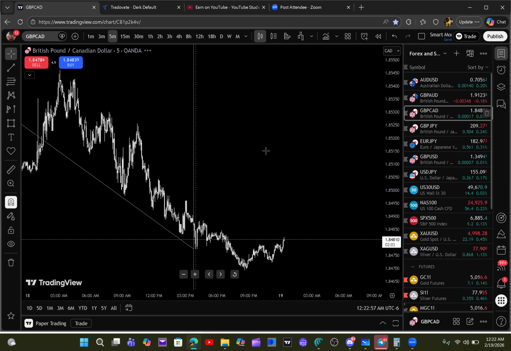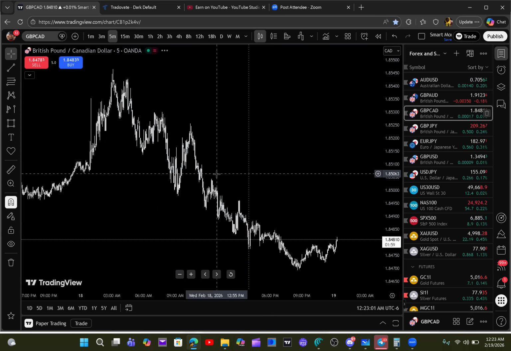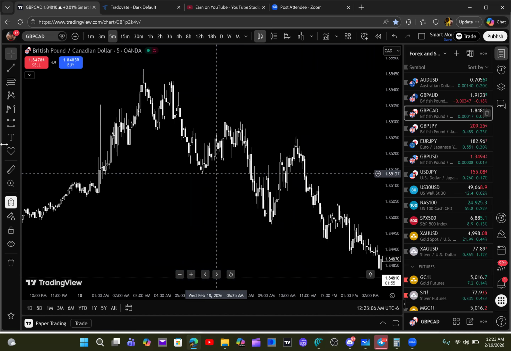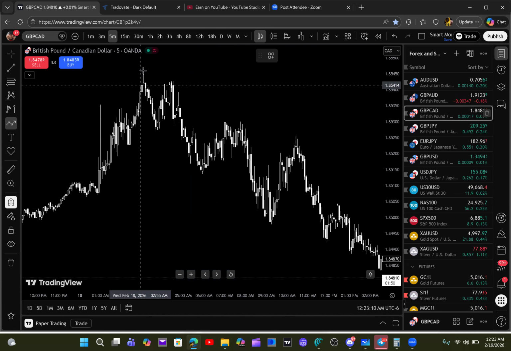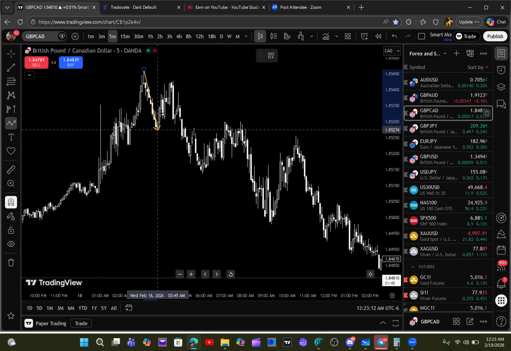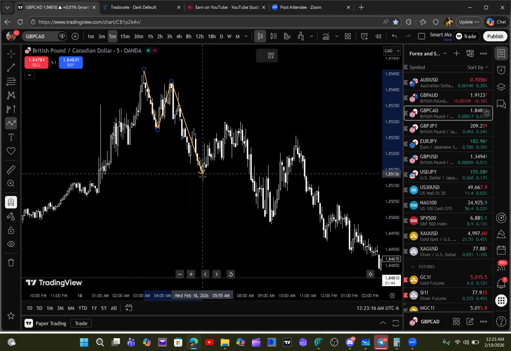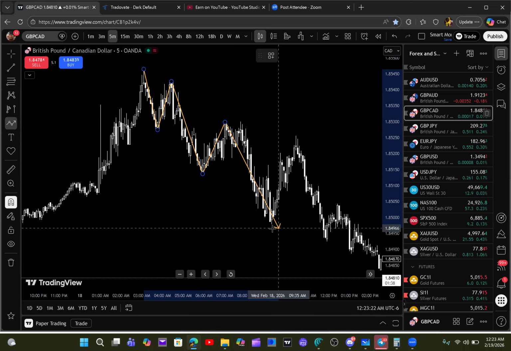Let's look at a Forex chart. All right, let's look at this one. So you guys can see this is a downtrend. See how we go from the high to the low. Lower high, lower low. Lower high, lower low.